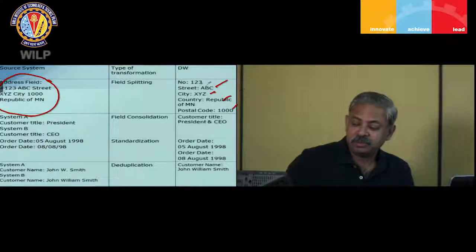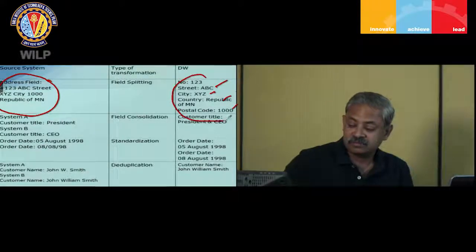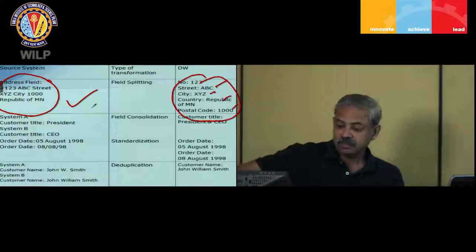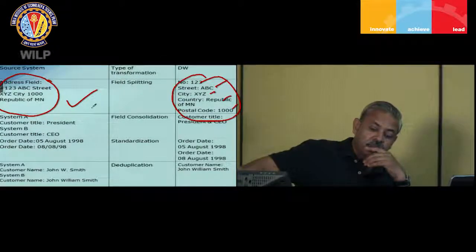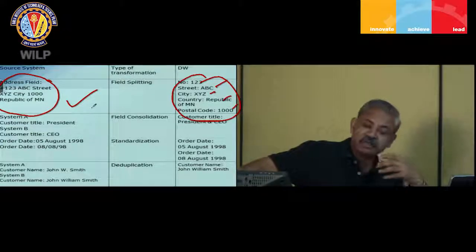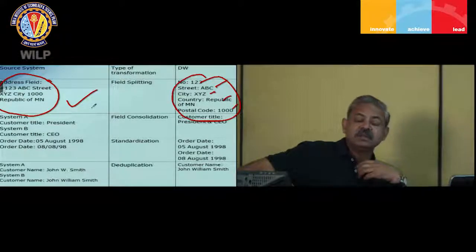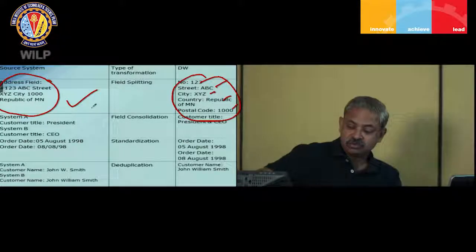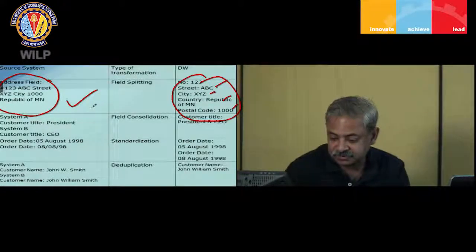So somehow I'm able to extract this information. Think about having many different ways of writing an address, and then a kind of code running on top of this address to give you these four different fields.